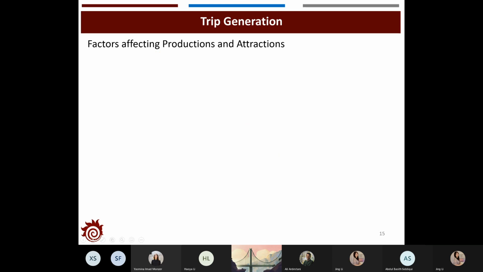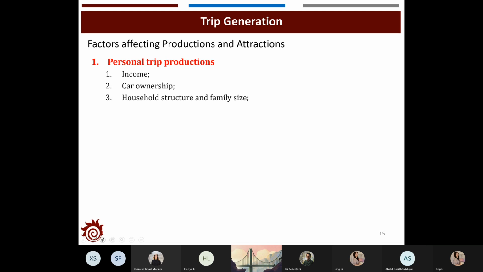And regarding the factors we have to consider for the calculation of the production and attraction, for the personal trip production, it will be determined by the conditions of the individuals: the financial conditions, the income level, the car ownership, how many cars were owned for each person, the household structures, like the marriage status, whether there's any children at home, or the stages in the life cycle, and so on, and the value of the land, the residential densities, and also the accessibilities of the region.